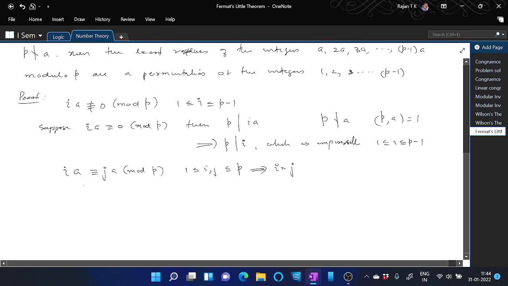How to prove this? Here gcd(p, a) is 1. We have taken p and a such that gcd(p, a) is equal to 1. And therefore ia congruent to ja mod p implies i is congruent to j mod p.